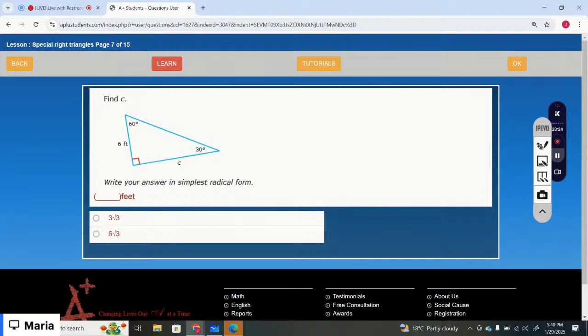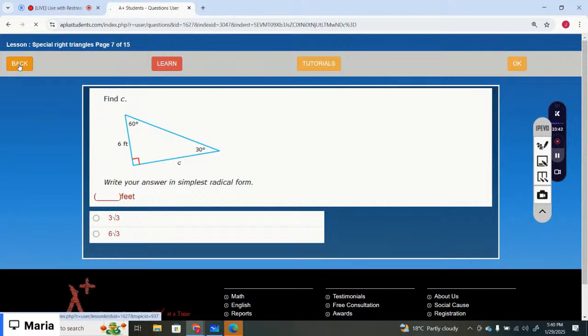The correct option is 6 square root 3. Okay, you can complete the lesson by yourself later today.